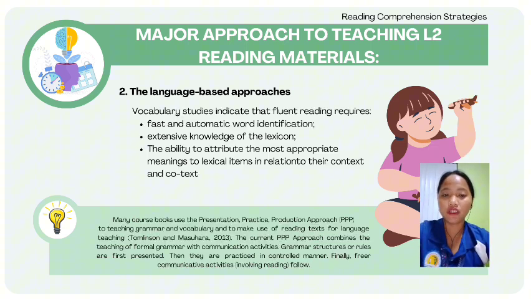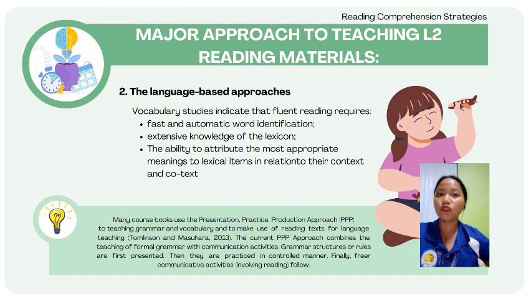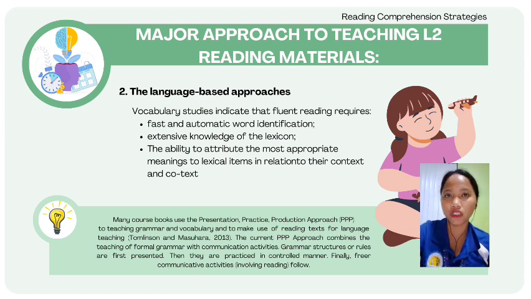Research in vocabulary studies highlights three key factors essential for fluent reading: fast and automatic word identification, extensive knowledge of the lexicon, and the ability to attribute appropriate meaning to words based on context. So first, fast and automatic word identification is crucial because fluent readers do not spend excessive time decoding individual words.